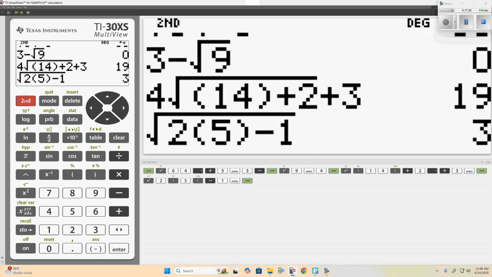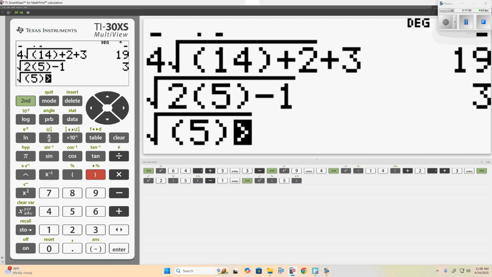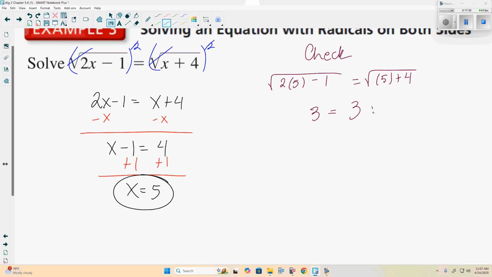On the other side, we have square root of 5 plus 4, which is also 3. 3 is indeed equal to 3, so our value of x is 5. Questions on this here?